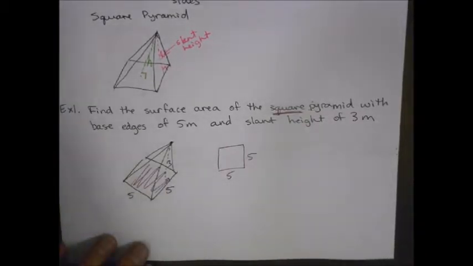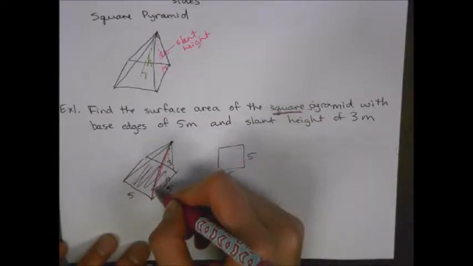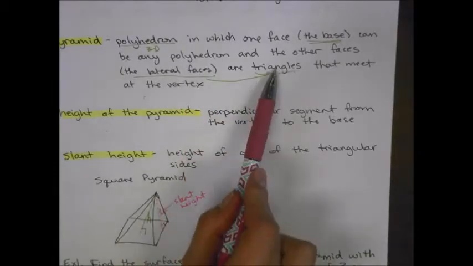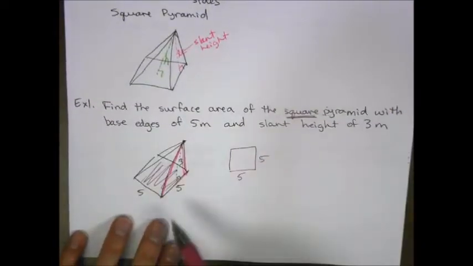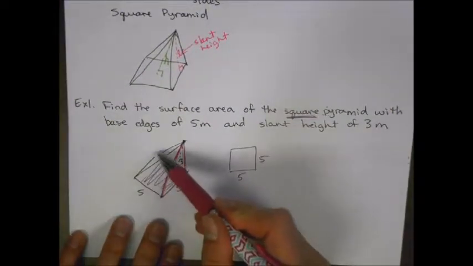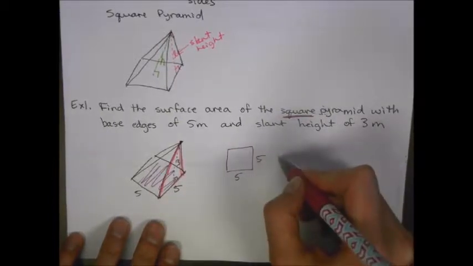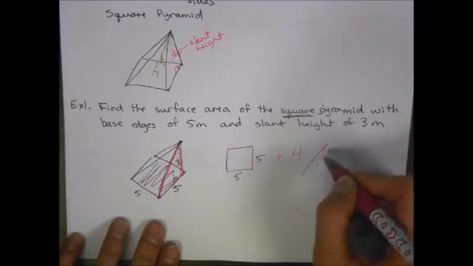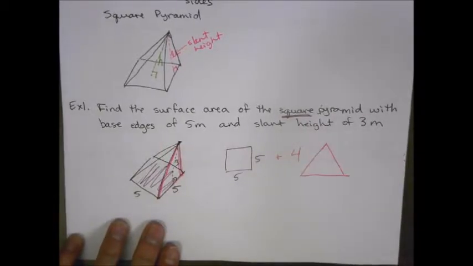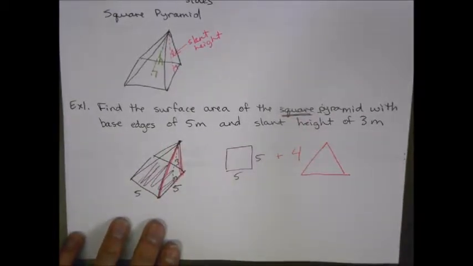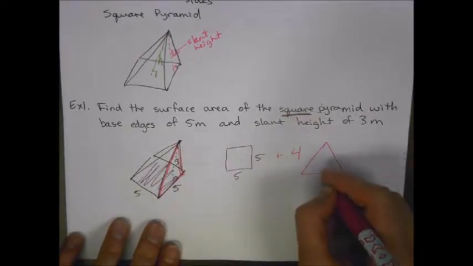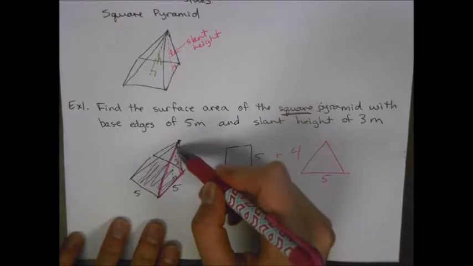Since we're a square, all the triangles are the same. So we're going to have plus 4 triangles. Let's look at the dimensions of the triangles. The base of the triangle is 5. My height of my triangle is 3. Because remember, slant height is the height of the lateral face.